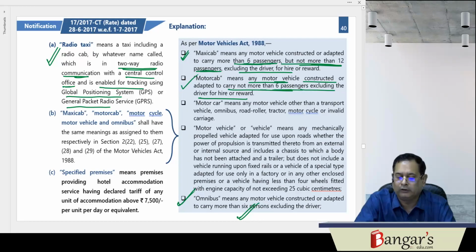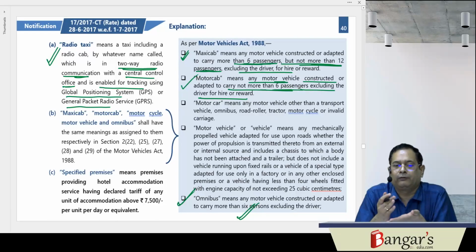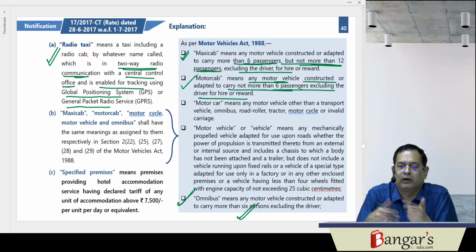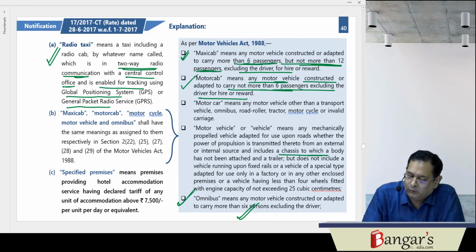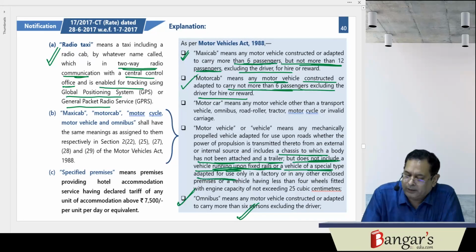And motor vehicle means any mechanically propelled vehicle adapted for use upon road, whether the power of propulsion is transmitted from an external or internal source, and it includes a chassis to which body has not been attached and a trailer, but does not include a vehicle running upon fixed rails, or a vehicle of special type adapted for use in a factory or any other enclosed premises, or a vehicle having less than 4 wheels fitted with engine capacity not exceeding 25 cubic centimeters.